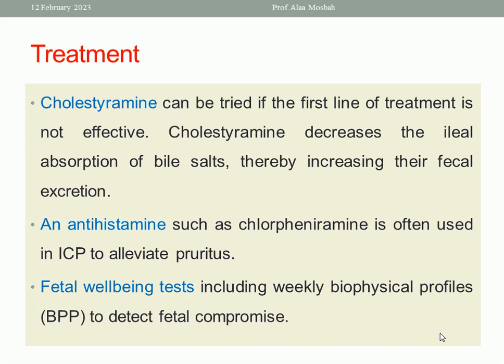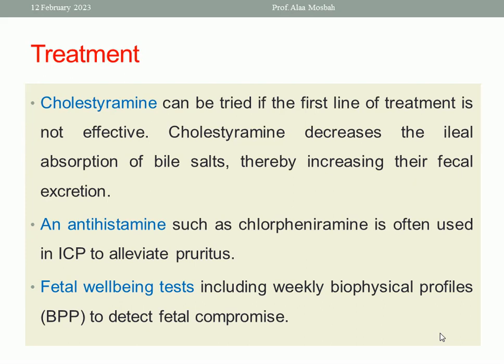Cholestyramine decreases the ileal absorption of bile salts, thereby increasing their fecal excretion. So I want to get rid of bile salts in stool, so I can use cholestyramine because it will decrease the ileal absorption of bile salts. Also for pruritus, I need symptomatic treatment, and an antihistamine like chlorpheniramine is often used to alleviate the pruritus.